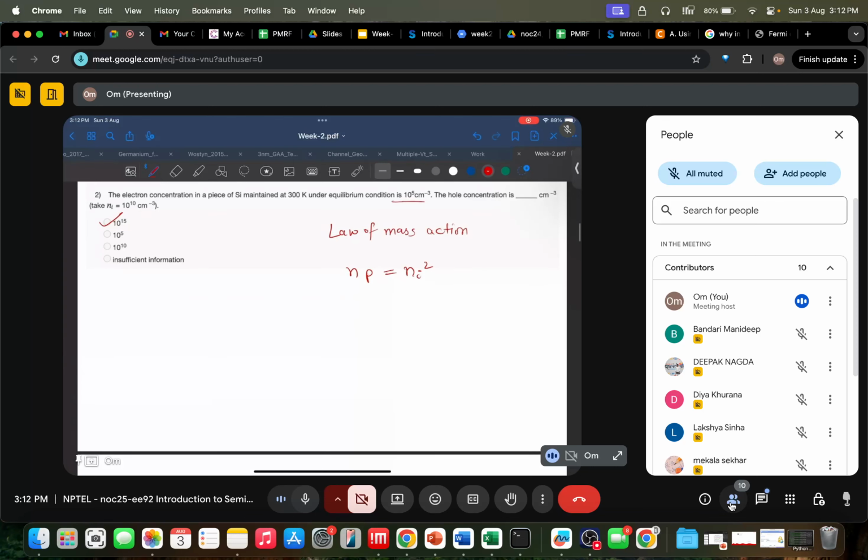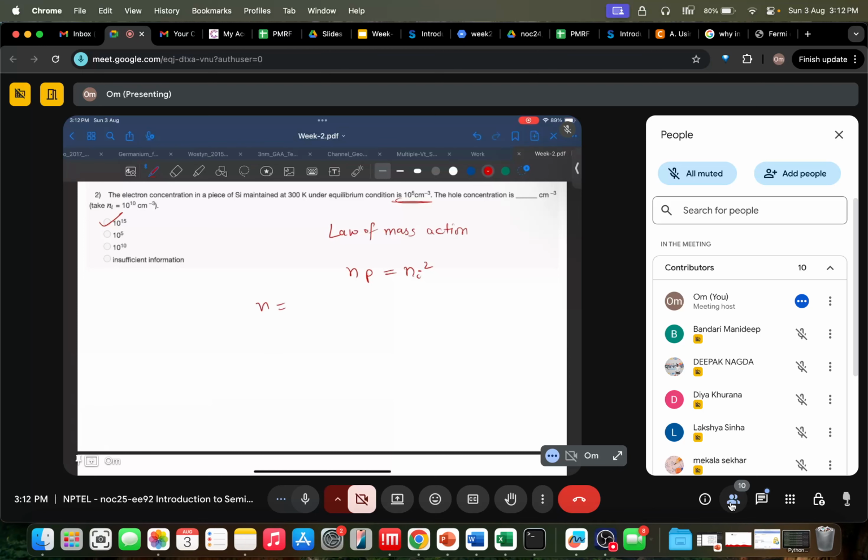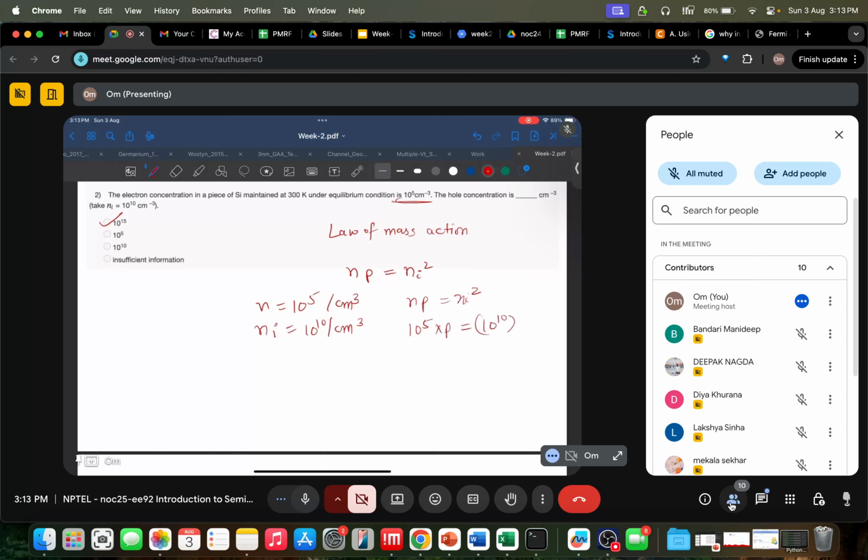Electron concentration n is given as 10 to the power 5 per centimeter cube, ni is 10 to the power 10 per centimeter cube, and p is unknown. So 10 to the power 5 into p equals 10 to the power 10 squared. p is 10 to the power 20 by 10 to the power 5, which is 10 to the power 15 per centimeter cube.